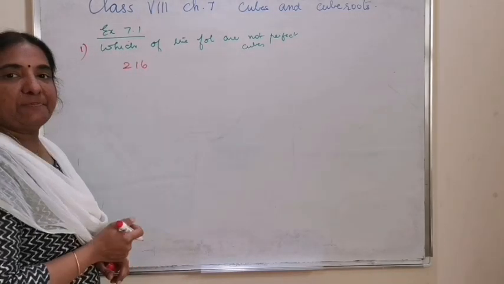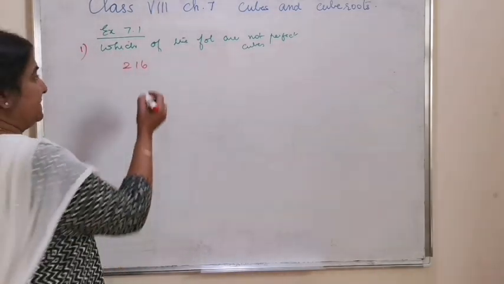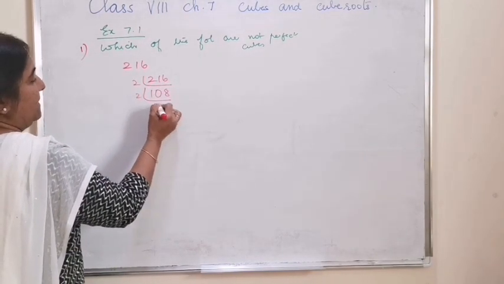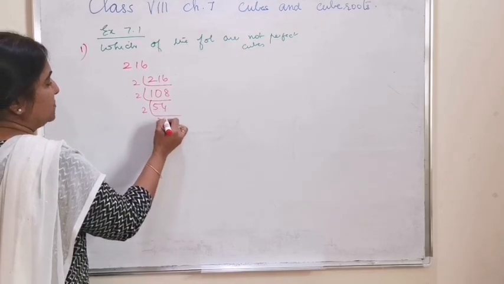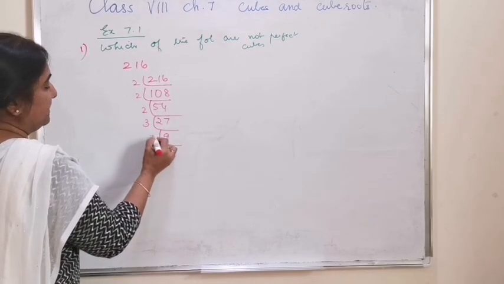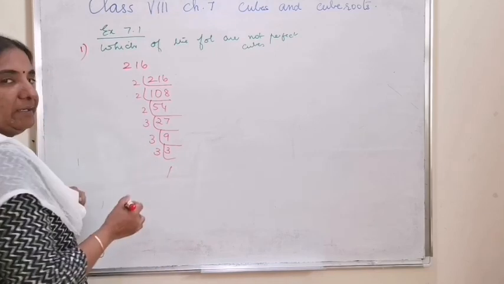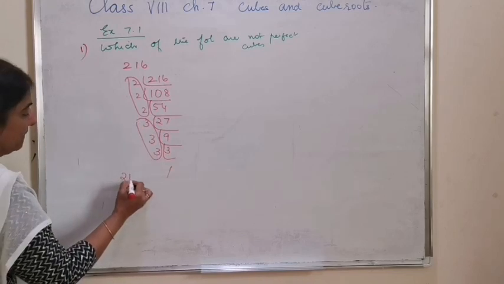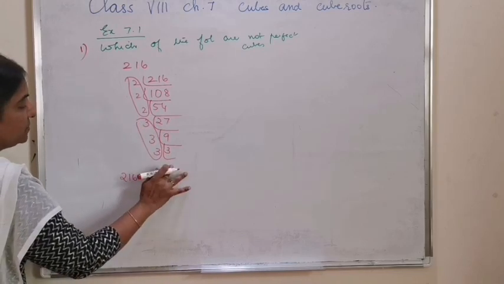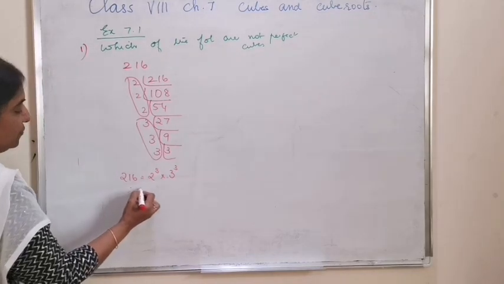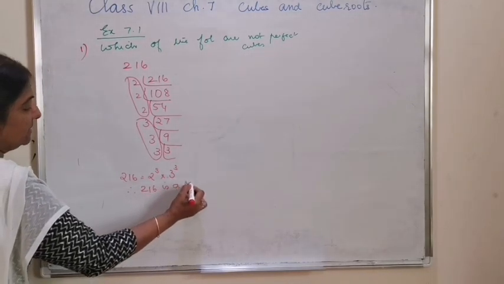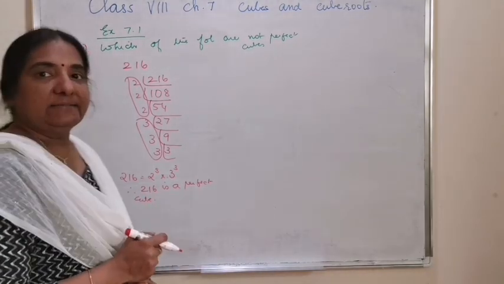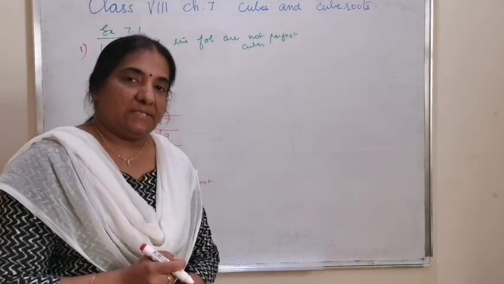The method is to express it as the product of prime factors. 216 by 2 is 108, by 2 54, by 2 27, by 3 9, 3 3 1. That is, 216 is the product of 2 cubed into 3 cubed. Therefore, 216 is a perfect cube since all factors can be grouped in triples.